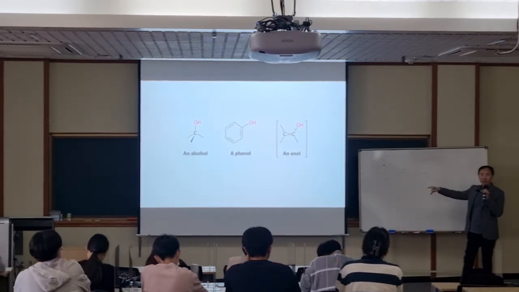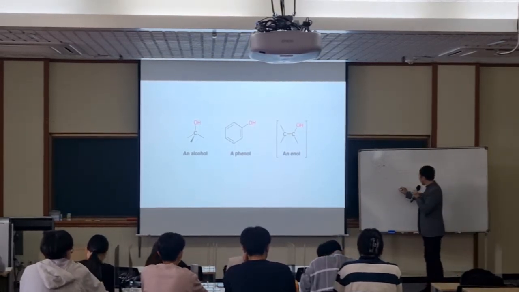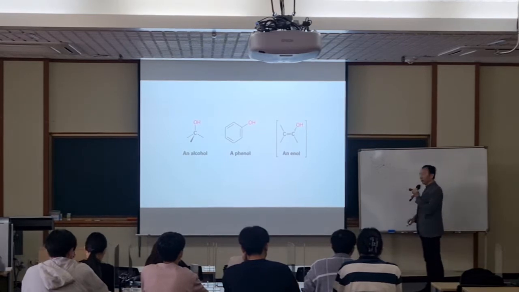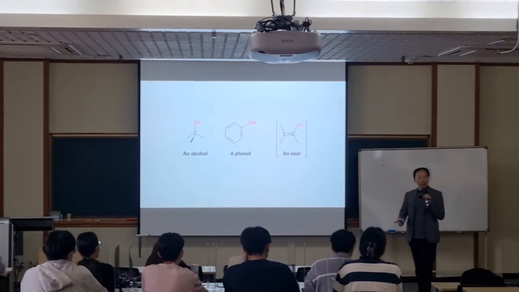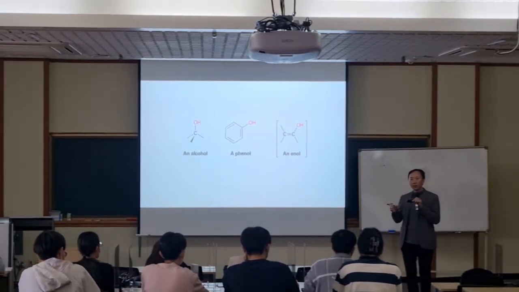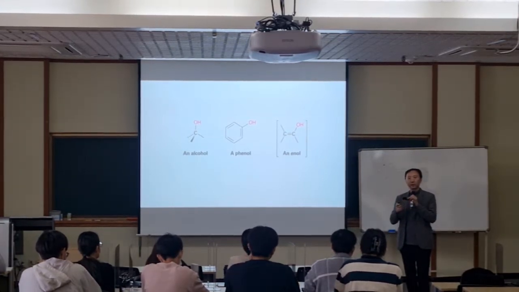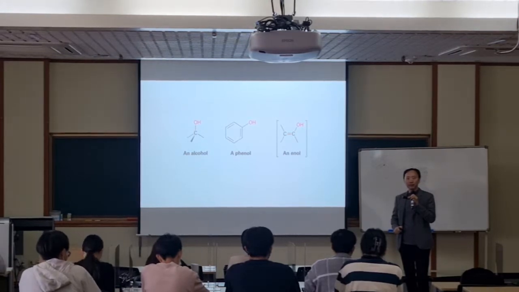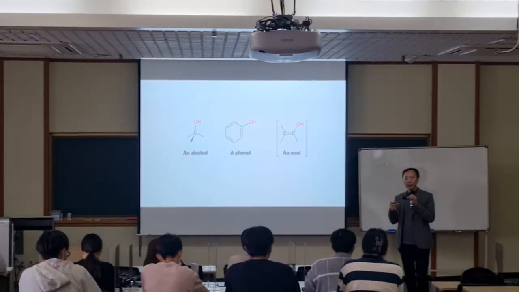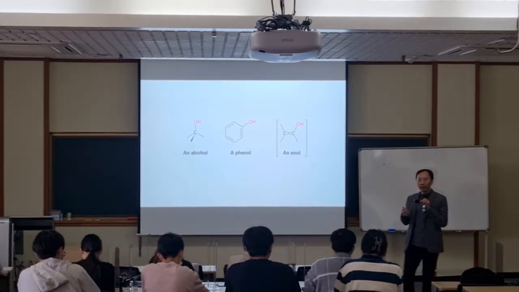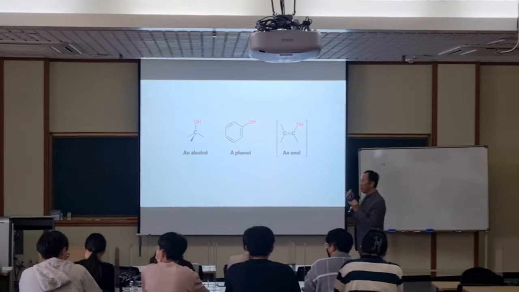This equilibrium and resonance is this notation, right? Then this is a good chance to think about what's the difference between equilibrium and resonance. What's the difference? How do you distinguish which one is resonance, which one is equilibrium? Okay, go ahead.